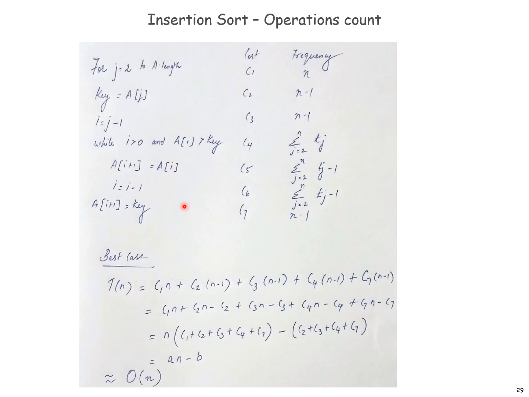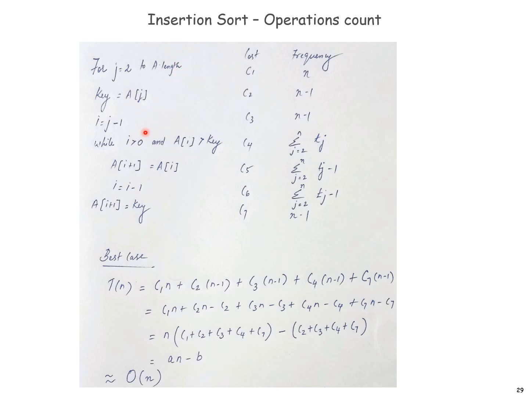Now we are going to analyze two cases, best case and worst case. The best case is the case where all the data is in sorted order. When the data is in sorted order in insertion sort, your for loop runs with j from the second item to the last item. We assign the key, and i is equal to j minus 1.